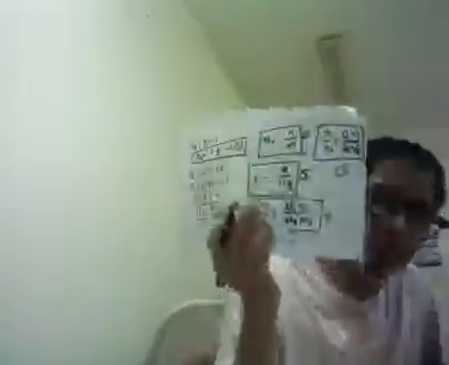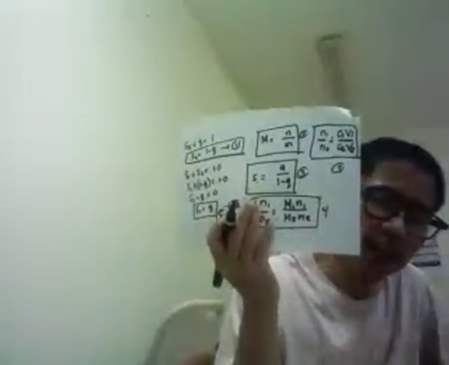Now, in this equation we have also N1 over N2 here and C1 over C2 here. So if you try to solve for that in terms of V1, N1 over V1 over N2 over V2, we need to make it into N1 over N2. This one is cross multiply.